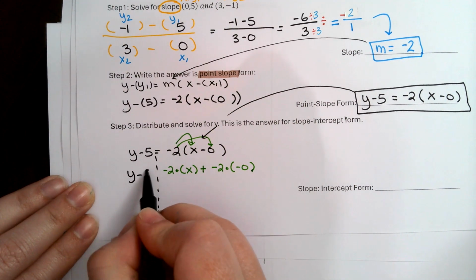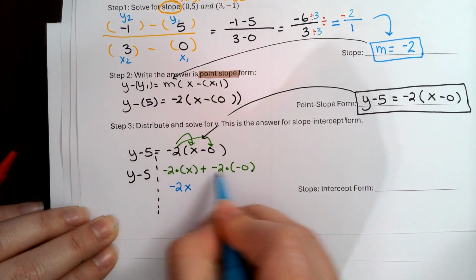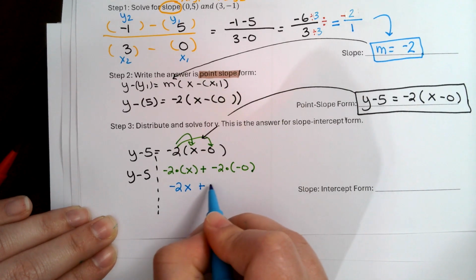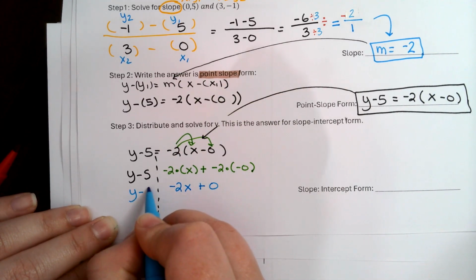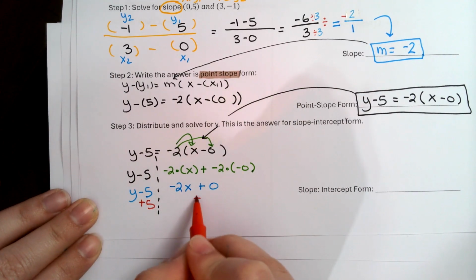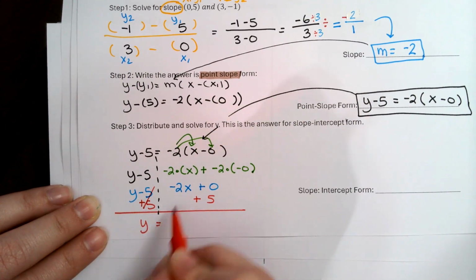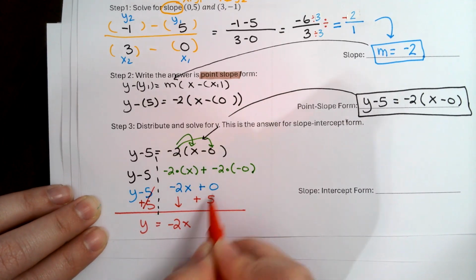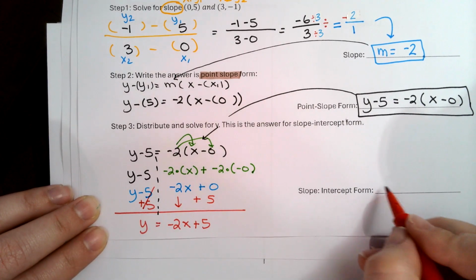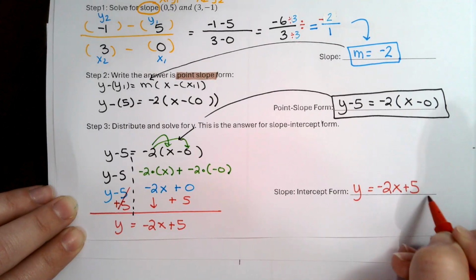Bring down the y minus 5. Here we have -2x, same or different, same, and 2 times 0 is 0. Now be careful here, I see a minus, so we're going to be adding 5 to both sides. That means y, bring down the -2x. 0 plus 5 is a positive 5. So our answer is y is equal to -2x plus 5 here.